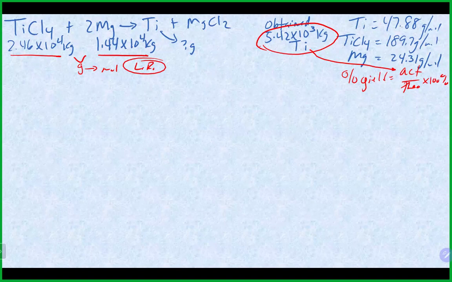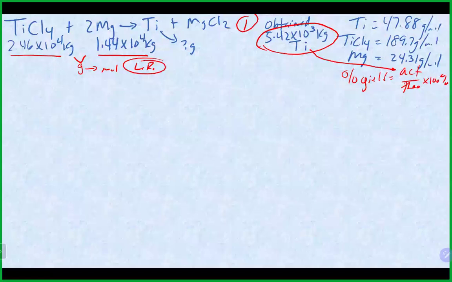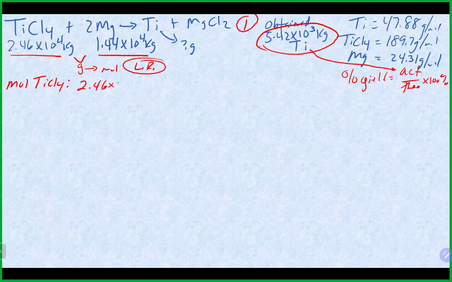So we're going to start with our balanced equation, which it is. We're going to convert into moles. Here we have to do an additional conversion to take it from kilograms to grams, and then grams to moles using the molar mass. So taking our moles of TiCl4, we'll go 2.46 times 10 to the 4 kilograms.